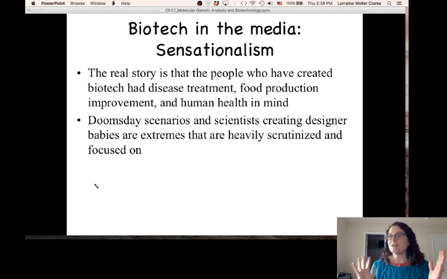Can we do time travel? But in reality, most physicists are not trying to figure out those pieces. Instead, they're trying to understand the mysteries of the universe and how these pieces work, creating quantum computers and all sorts of things that are not the extreme, science fiction come to life parts that a lot of the media focuses on.